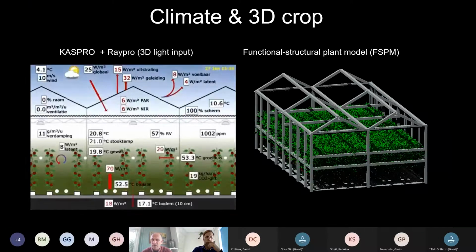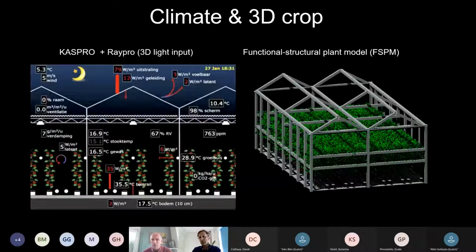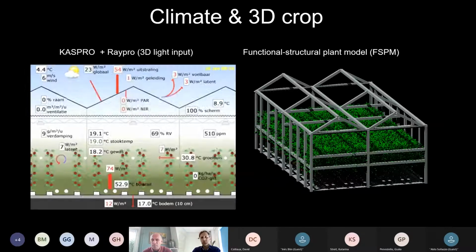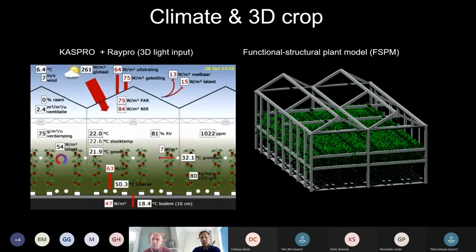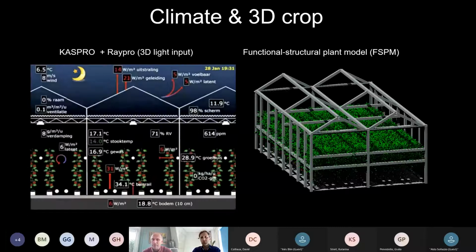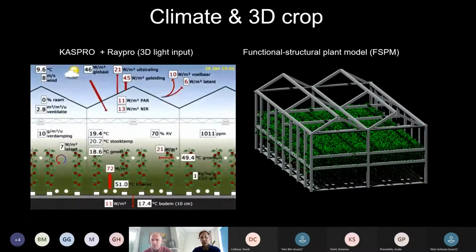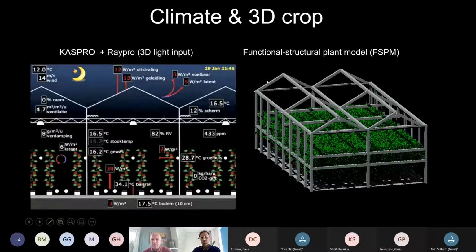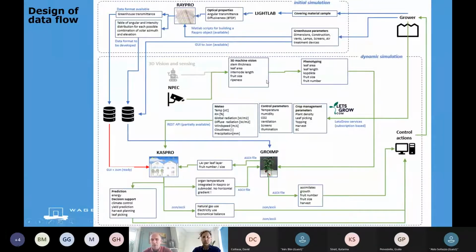And to the right, you see the rendering of a digital tomato crop inside of the greenhouse, completely 3D, where we have a multispectral casting of light rays. And these two bigger models are merged together for our digital twin. And in the next slide, you will probably see how that works.